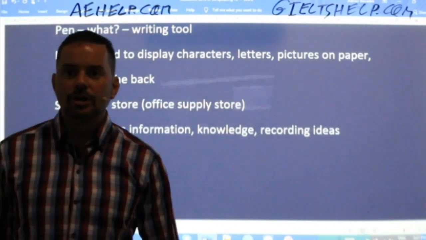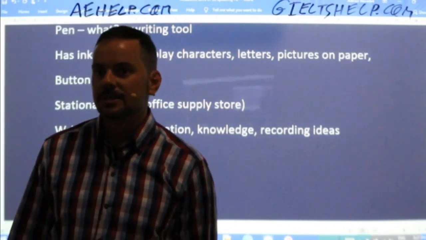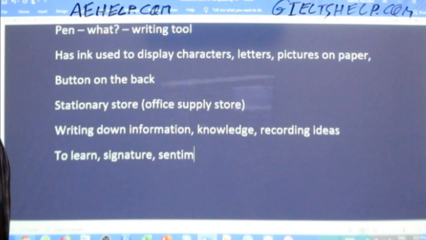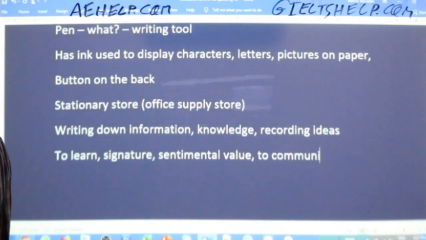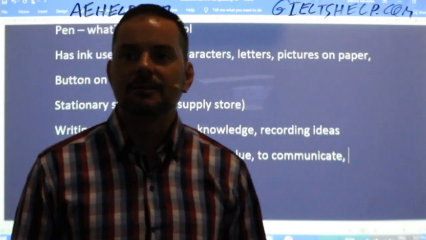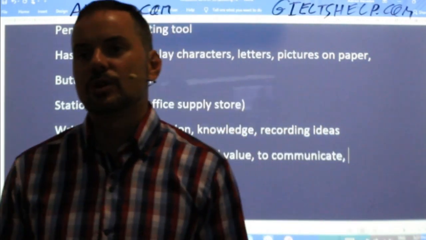To learn, for signatures, sure, sentimental value. To communicate, right? Keep it simple. Keep your ideas simple to communicate. Alvina says to express words on paper.